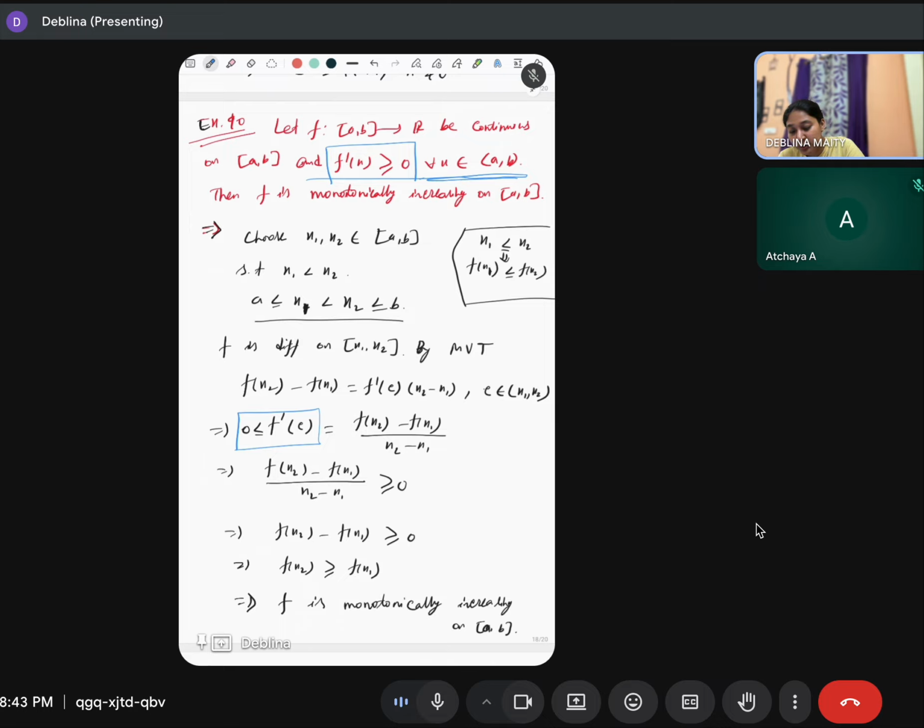And c belongs to what? x1 and x2 lie between a and b, and c lies between x1 and x2. So c also lies between a and b. So f dash x greater than or equal to 0 is also true for c. That's why I have written f dash c is greater than or equal to 0. It is clear now, right?